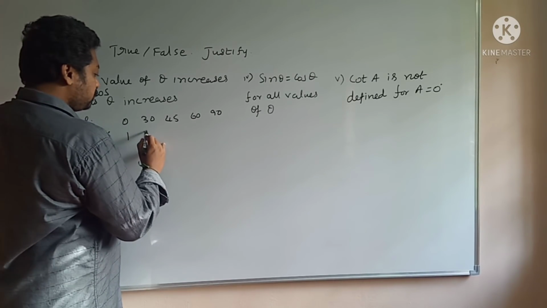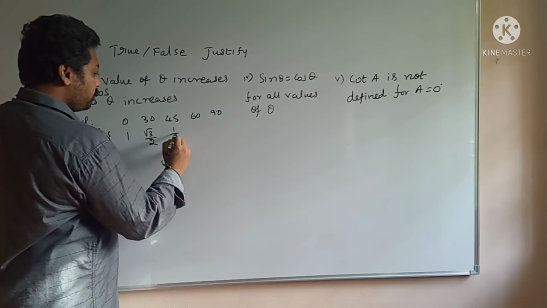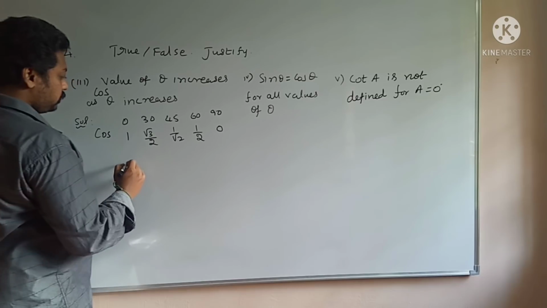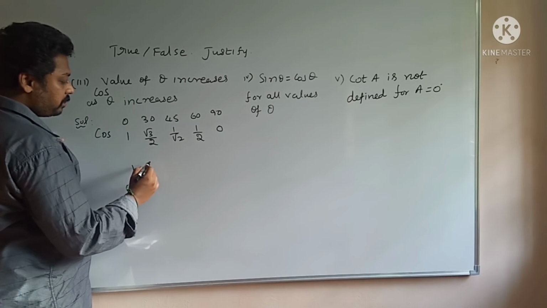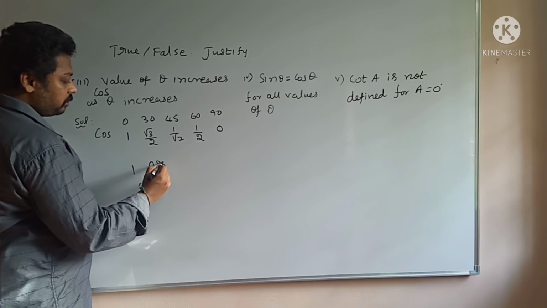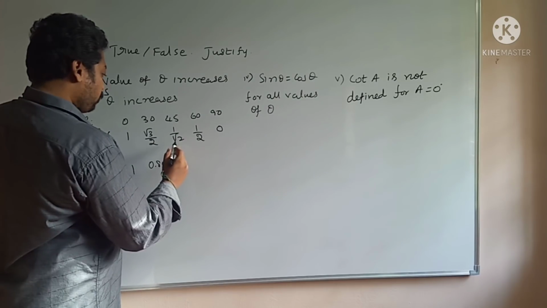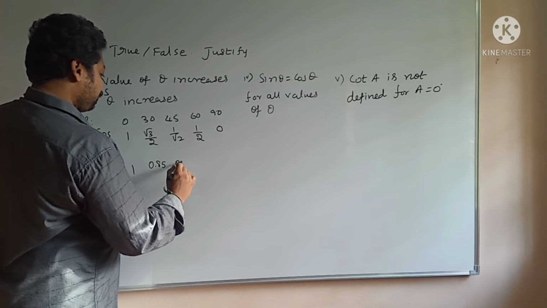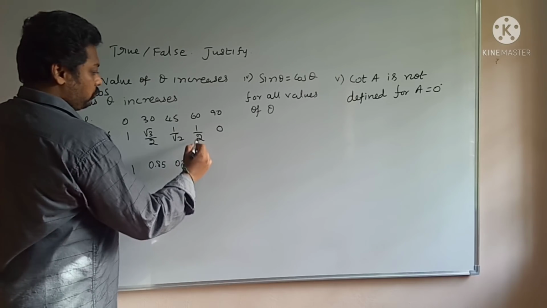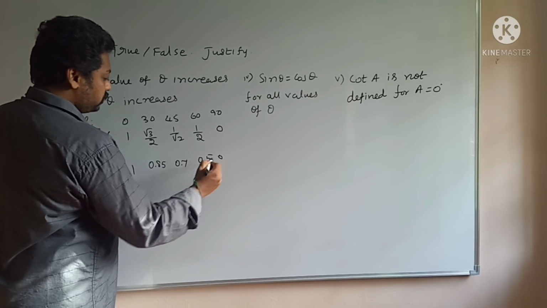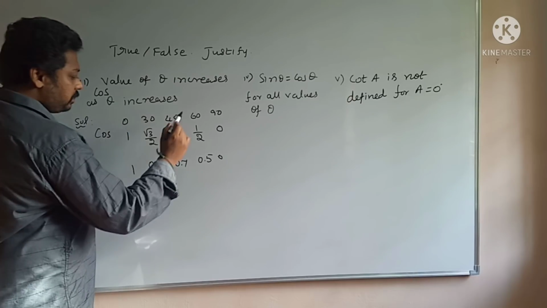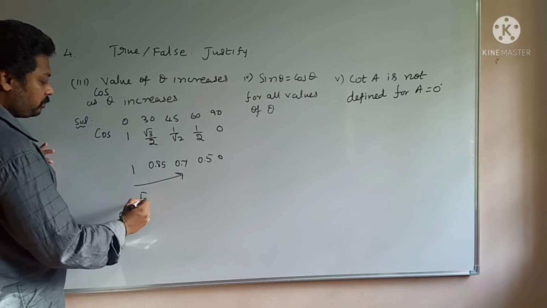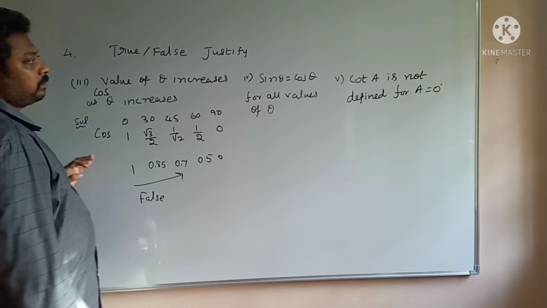So cos 30 it is root 3 by 2, that is 1.7 by 2, it is 0.85. So 1 by root 2, what we get is 0.7. 1 by 2, it is 0.5, 0. So as theta increases, cos theta decreases. So the statement is false.